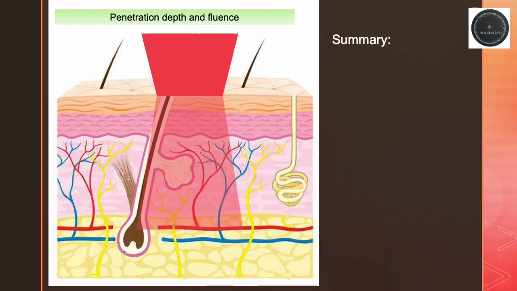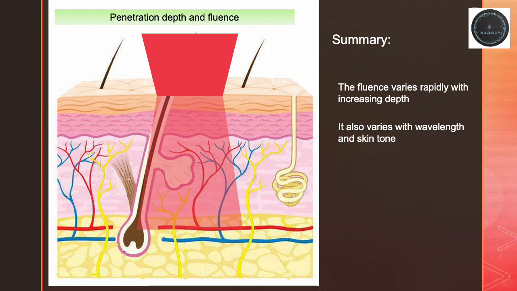So in summary, the fluence varies quite rapidly with increasing depth. The fluence can either increase or decrease depending on the amount of backscattering that's exhibited. It also varies with the wavelength and the skin tone, changes accordingly.